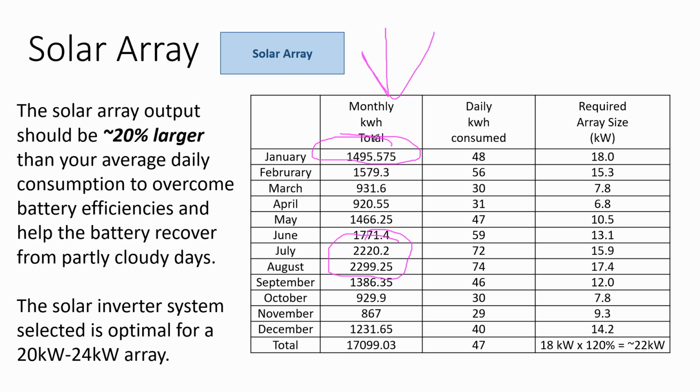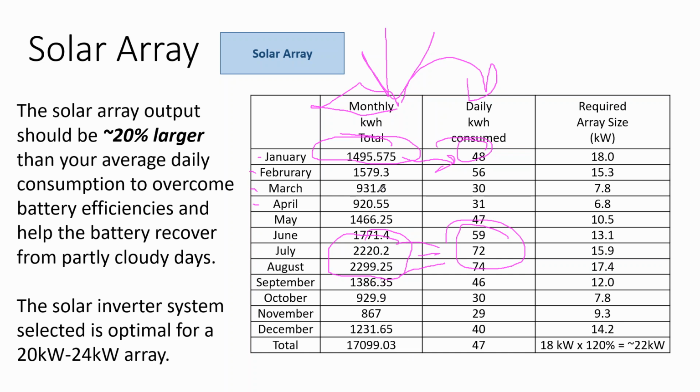But what we could do is calculate how many days were in each month and go from monthly data into daily averages. And so we see that in January, he's using about 48 kilowatt hours a day. In June, July, and August, he's using about 60 to 70 kilowatt hours a day.